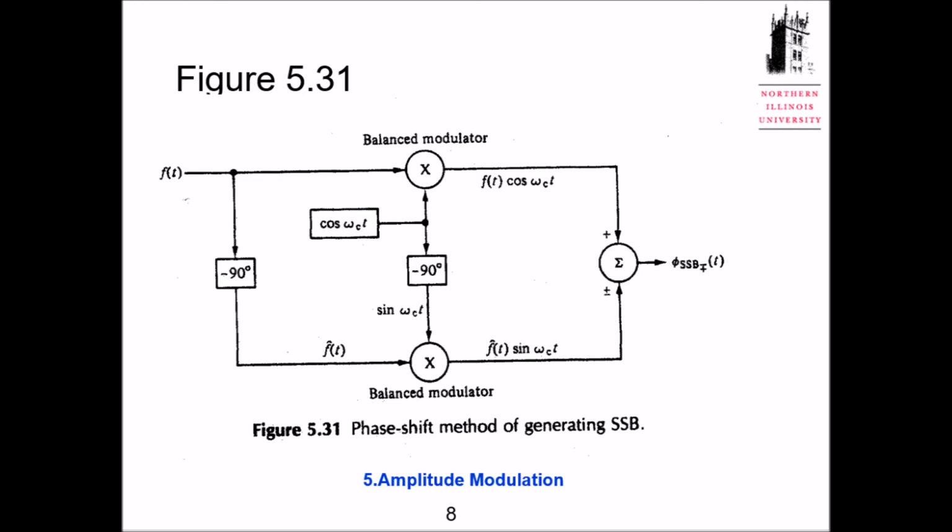We use plus or minus. We get upper or lower. So this is the block diagram for method number 2. In this case, even if your two sidebands are pretty close, we still can generate single sideband.